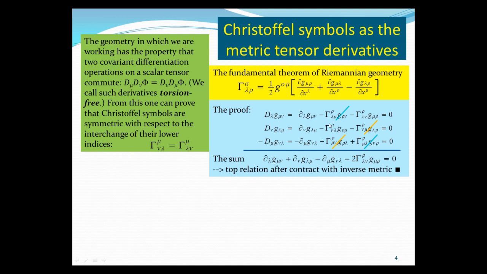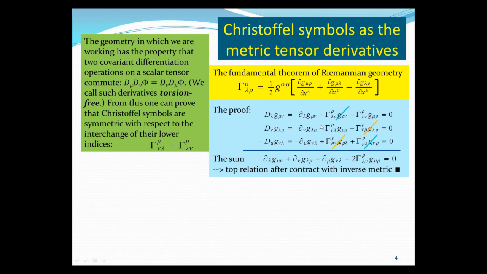Now, if I add these three equations up, of course they're still equal to 0. You can see this term has the opposite sign of that term, so they cancel. These two terms cancel.